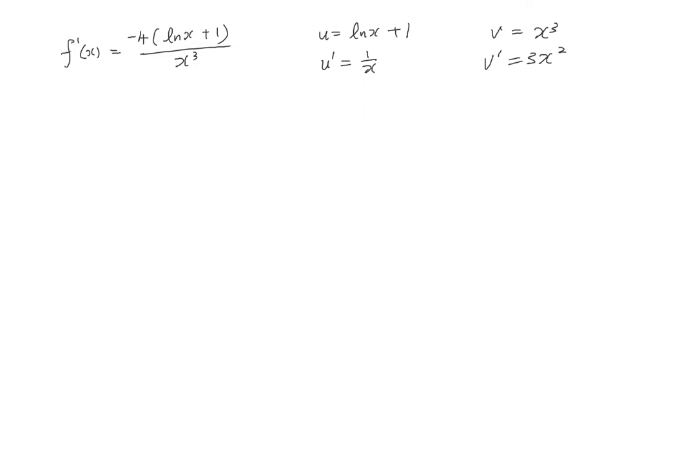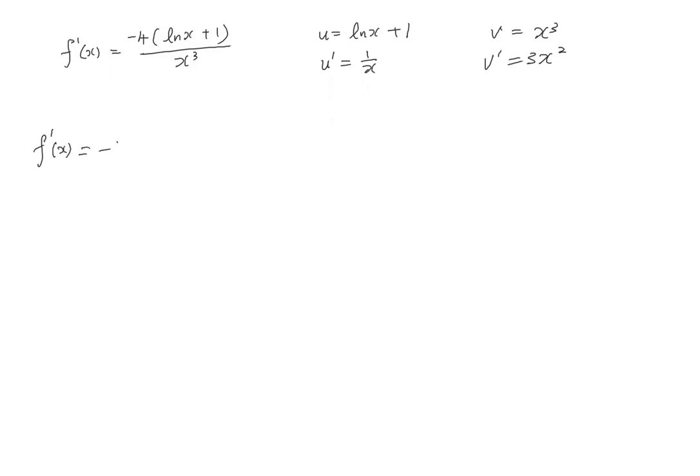So my f prime x is -4 (ln x plus 1) over x cubed. Okay, so when I do, I will take my u as ln x plus 1 and my v as x cubed. u prime is 1 over x, v prime is 3x squared. Okay, so put into there.